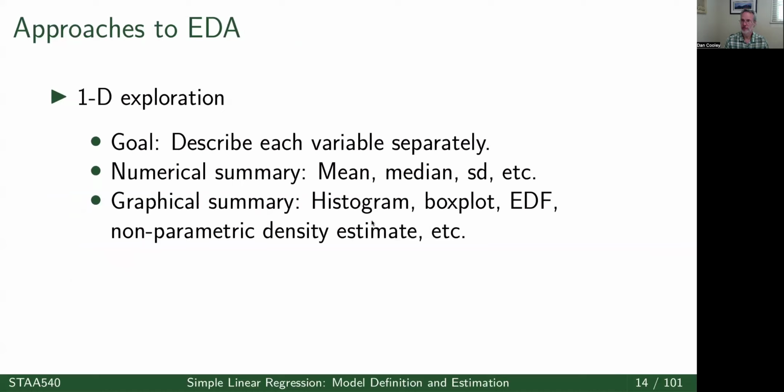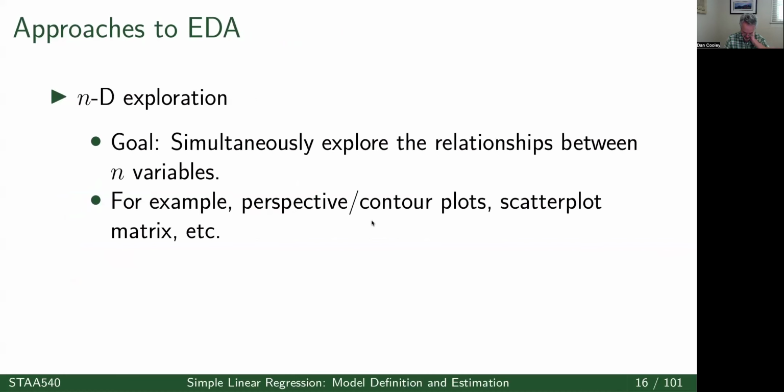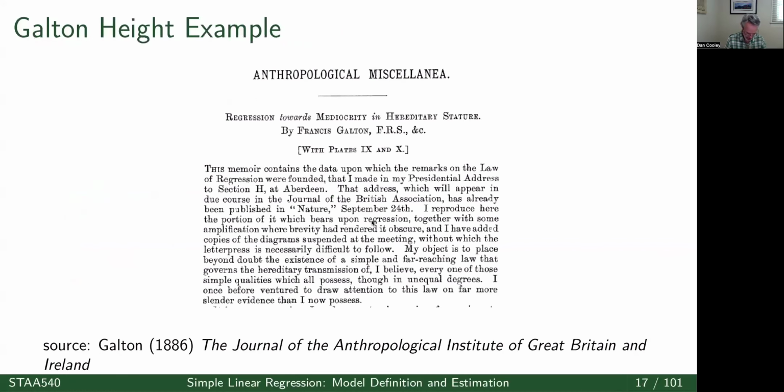Okay, so the next few slides are going to talk about 1D exploration, 2D exploration, and so forth. 1D exploration. So what we're going to see here very shortly is, let me jump ahead to this slide. We'll go back. We're going to look at the classic regression example, and this goes back well to 1886.